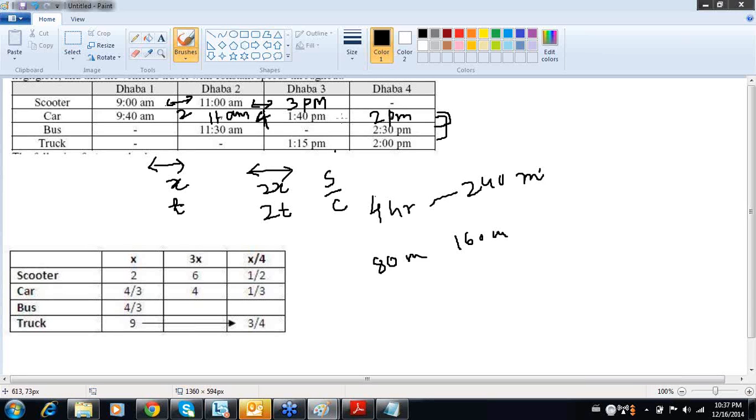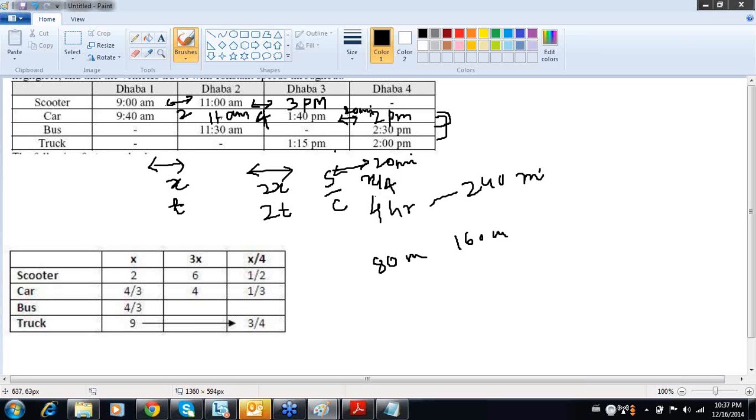Okay, great. So it is 2 p.m. That means it takes how much? 20 minutes. Now, if you see the distance, if this is x, this is 2x. So how we are saying this takes 2 hours, this takes 4 hours. Then how much is this distance? This is 20 minutes. 20 minutes means x by 4.